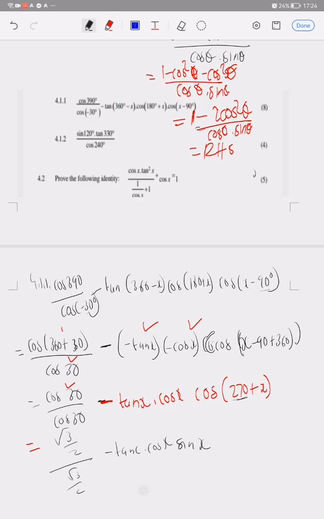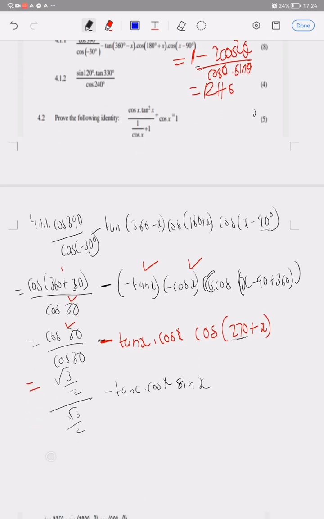You get a mark for this, you get a mark for this, you get a mark for this. How many marks do you have now? Almost 7. Then you'll have 1 over sine x over cos x times cos x times sine x, right?